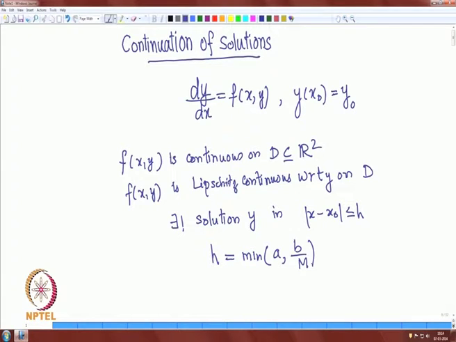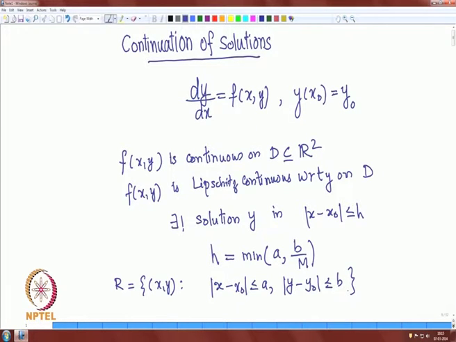What are these a and b? a and b are the parameters which we use to define a rectangle inside the domain D. The rectangle inside the domain D is defined by the set of all x, y such that |x minus x 0| is less than or equal to a, and |y minus y 0| is less than or equal to b.